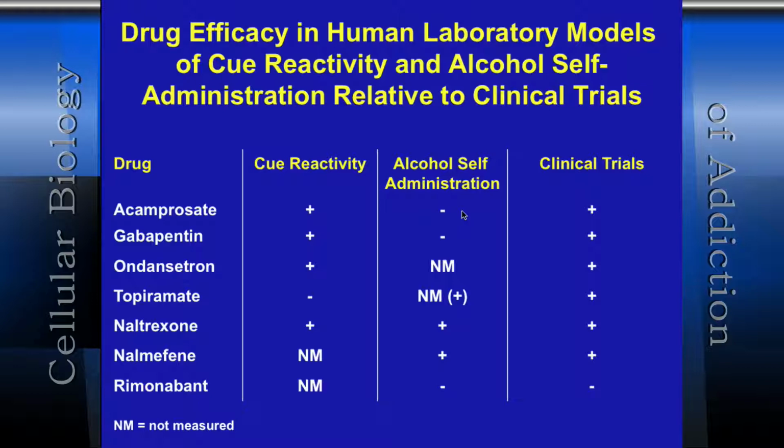So, with acamprosate, that drug that acted in the protracted abstinence phase, you did get a positive signal in human laboratory models involving Q reactivity. You got negative findings in models involving self-administration. And the majority of the clinical trials were positive, 18 of 23 as of last count.